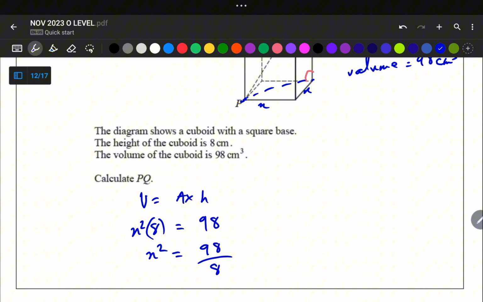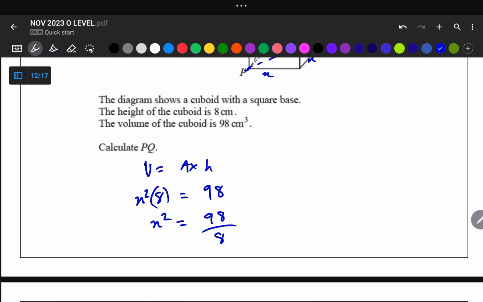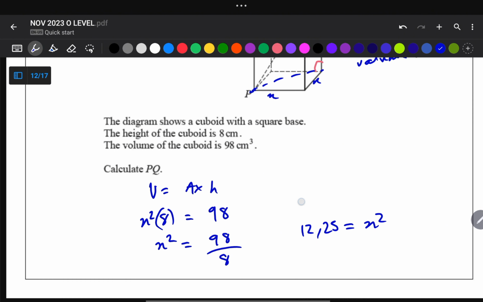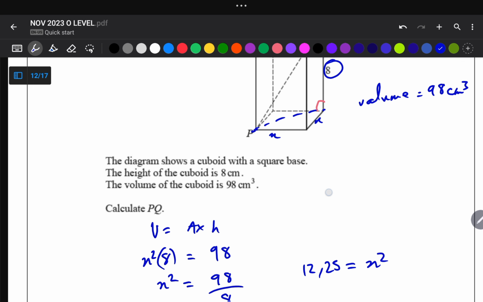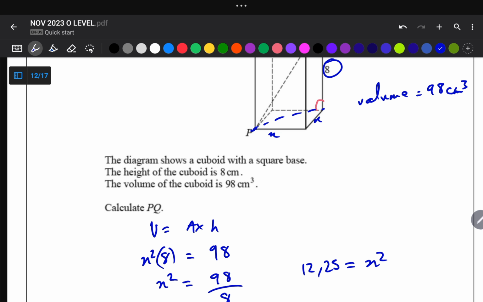So 98 divided by 8 gives us 12.25 being equal to x squared. So the area of the base is equal to 12.25 square centimeters.